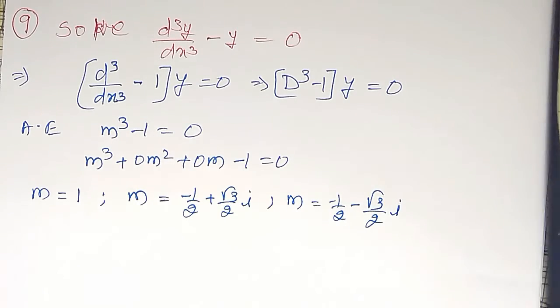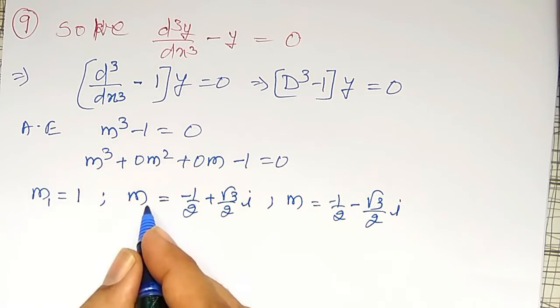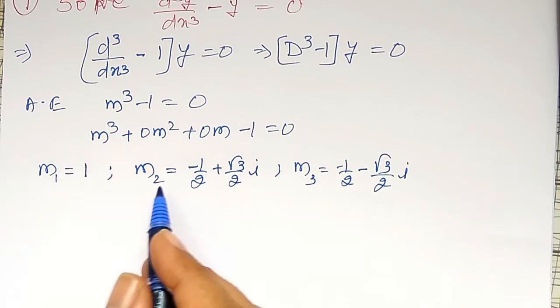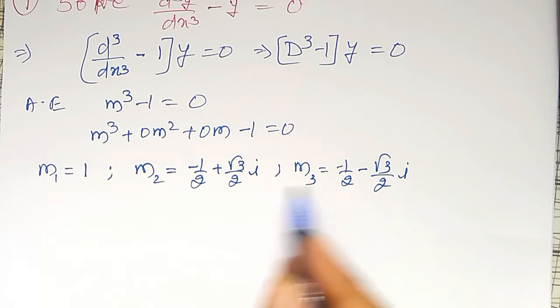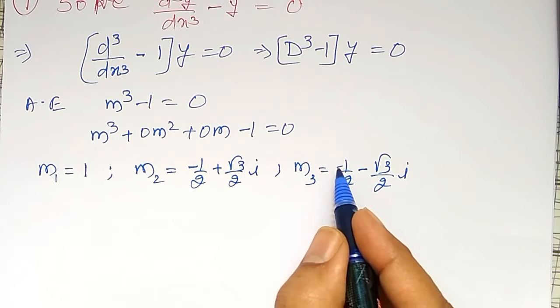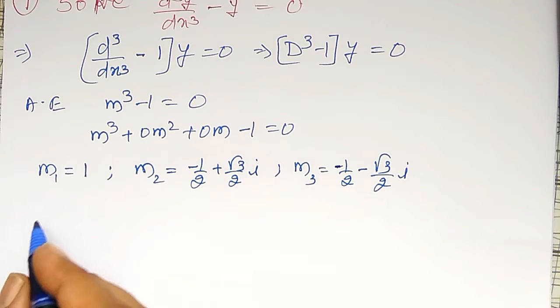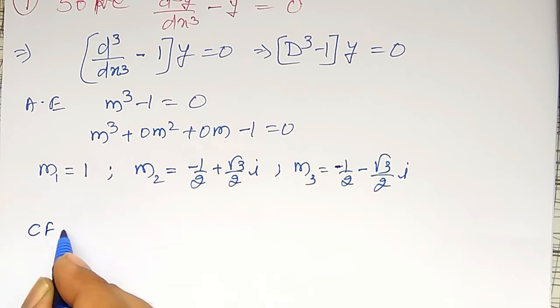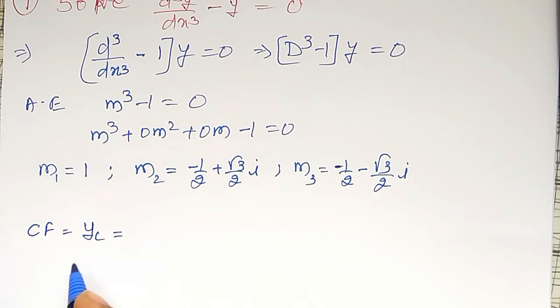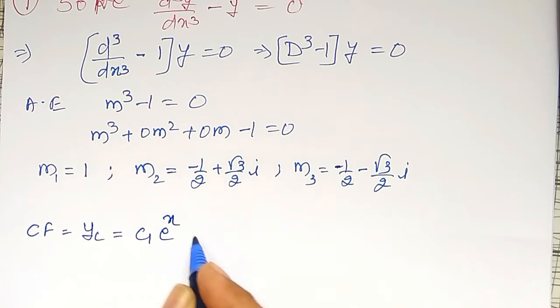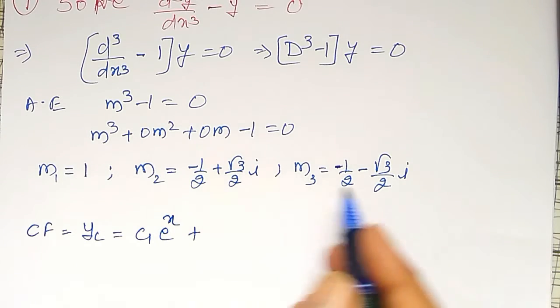Right, now let me write like this only. Therefore m1, m2, m3: m1 is 1, and m2 and m3 are complex conjugates. Here it is plus and here it is minus. Therefore CF, that is yc, I can write easily as c1 e to the power 1x, m1x, because it is a distinct root, plus the other two roots are complex conjugate.